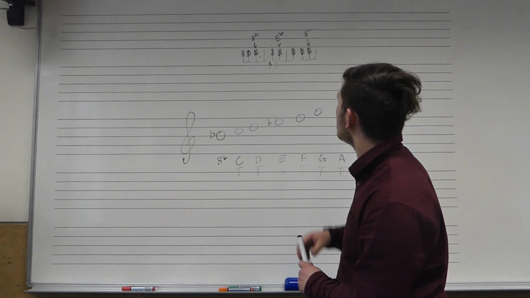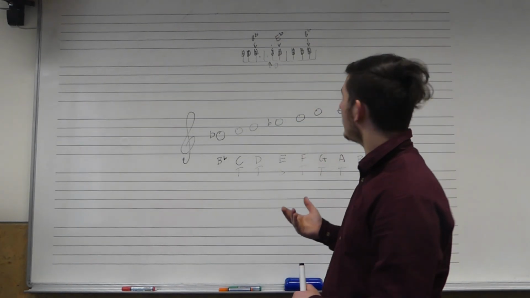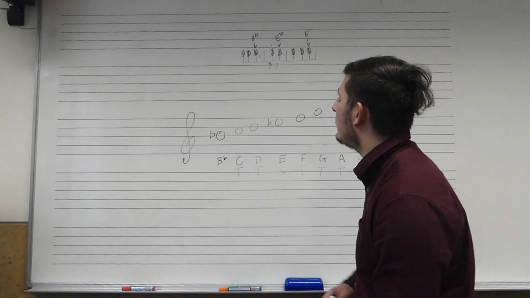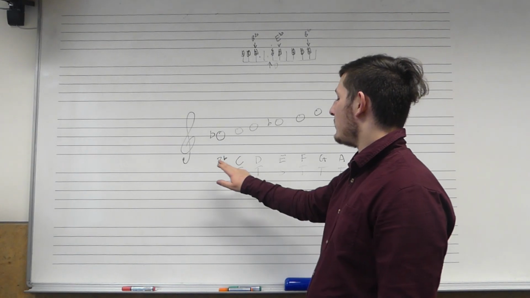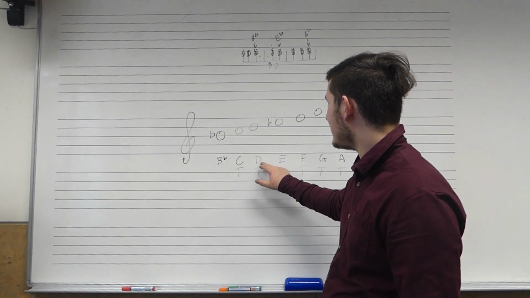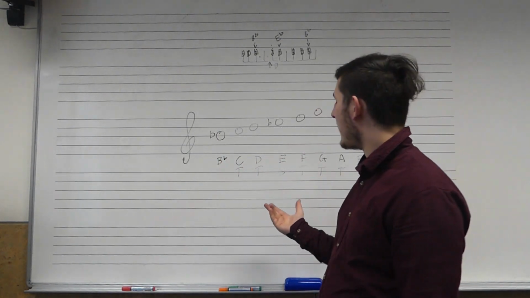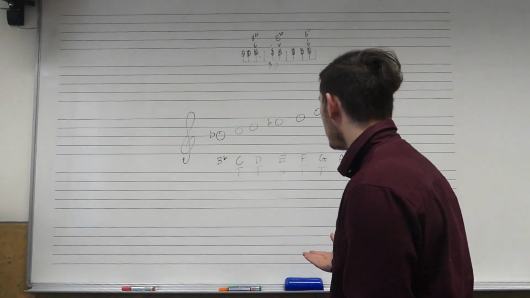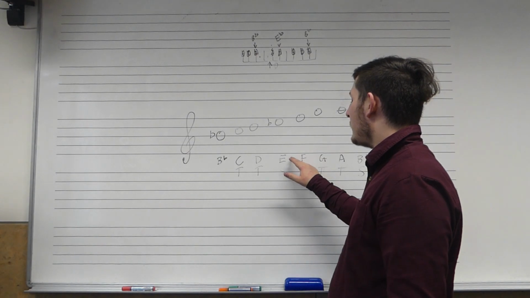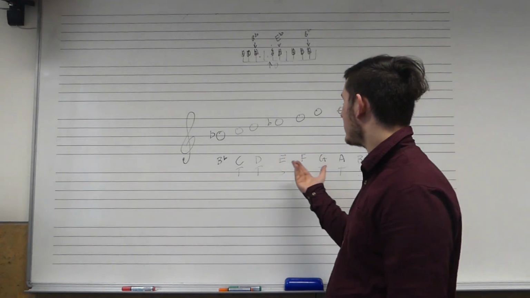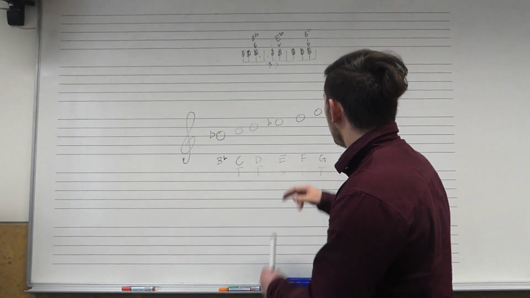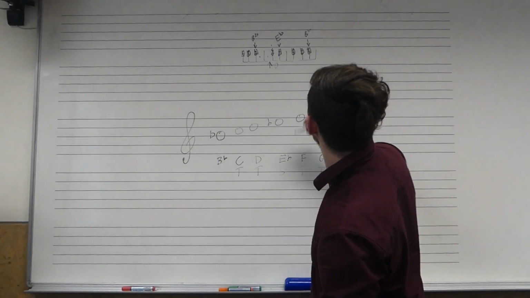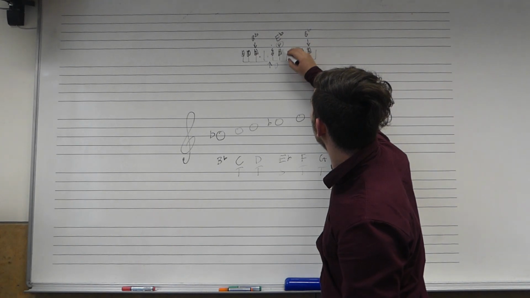How this is not a D sharp is we already have a D in the scale. Otherwise it would go B flat, C, D, D sharp, which would have a flat and a sharp, which would get confusing, and would have two Ds in the scale. So here we have E flat, which is the note we find here.